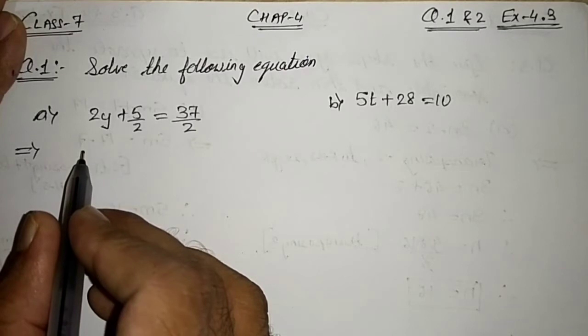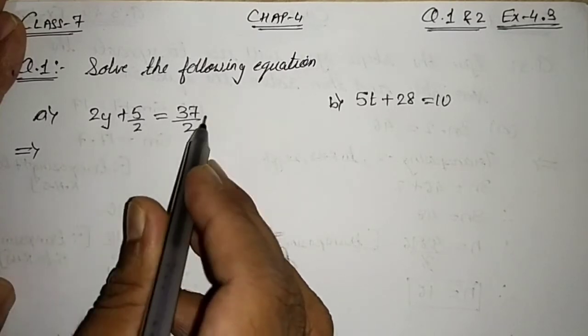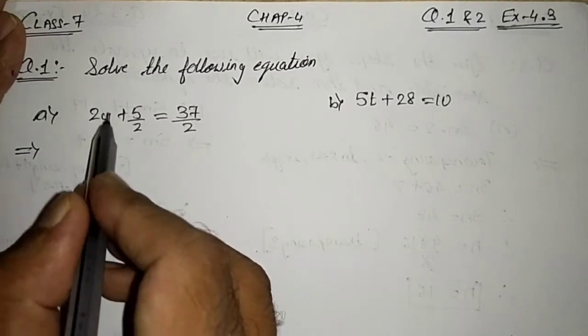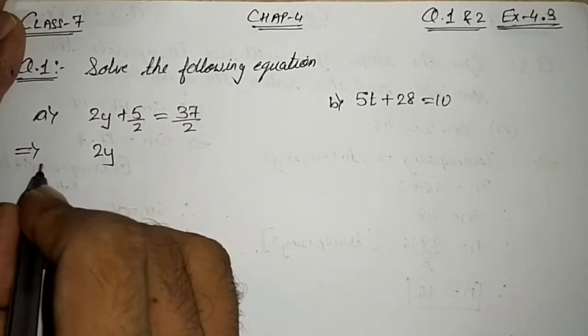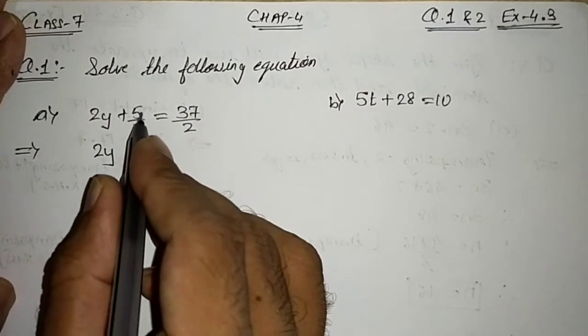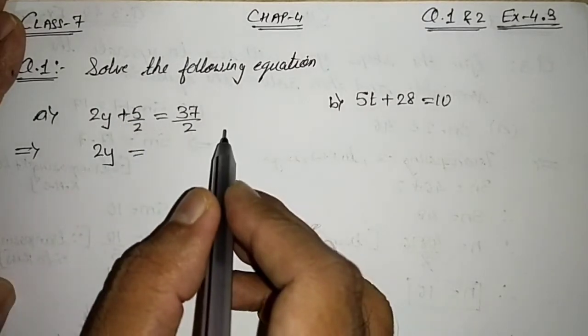Now moving to part A, 2y plus 5 by 2 is equal to 37 by 2. Don't worry, keep the variable part which we want to solve here only in LHS. Take the constant part into the RHS.